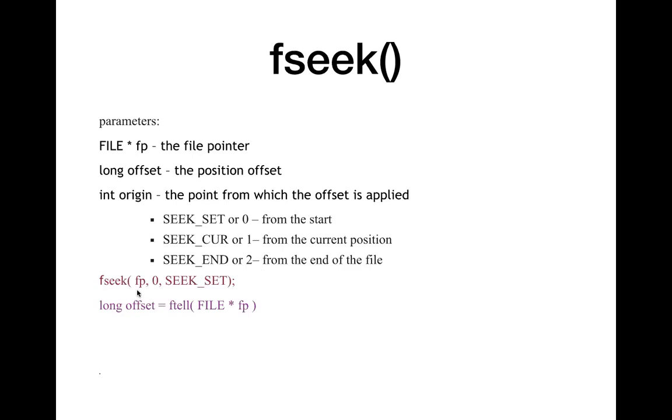So this example says move the file pointer 0 bytes from the starting, that is, keep the file pointer in the starting position. I can use ftell to find out at which position my file pointer is. So I can say ftell of fp, if fp is my file pointer. It will tell me in which position the file pointer is currently residing.